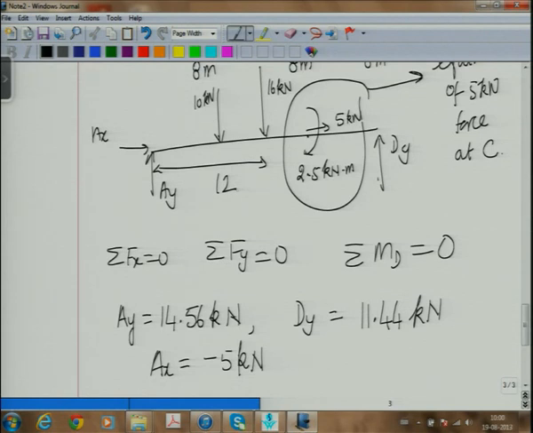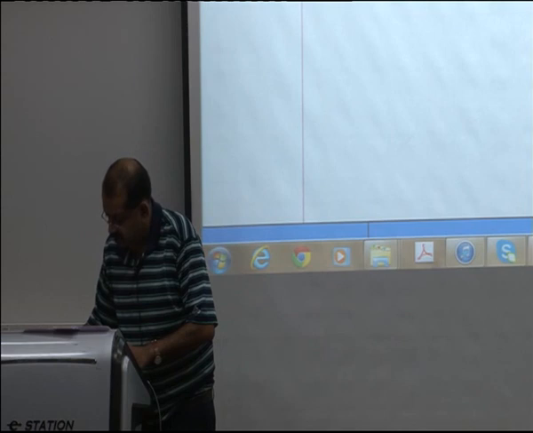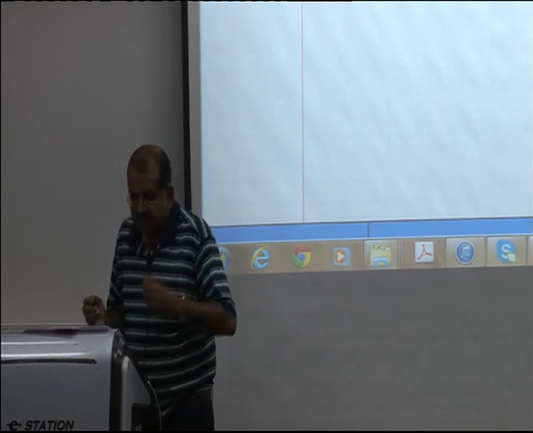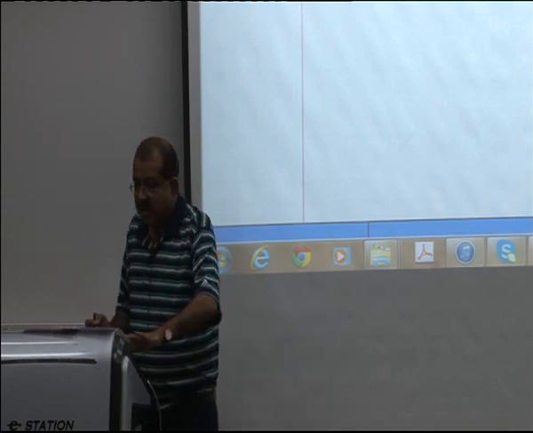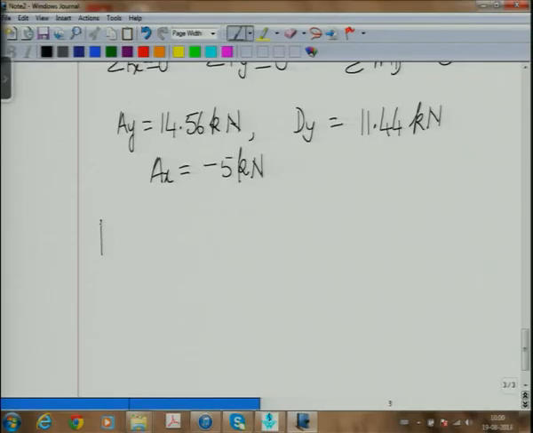So now, given this, we come into the business of drawing the shear force and bending moment diagrams and writing their equations. So let's start looking at this. Let me first notionally draw the diagram of the beam.